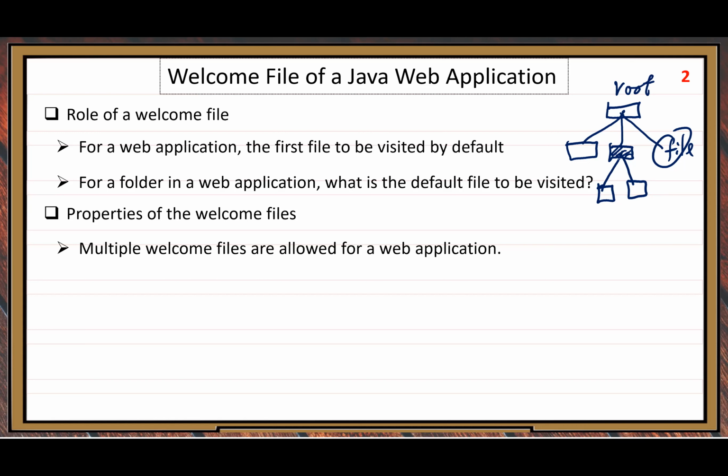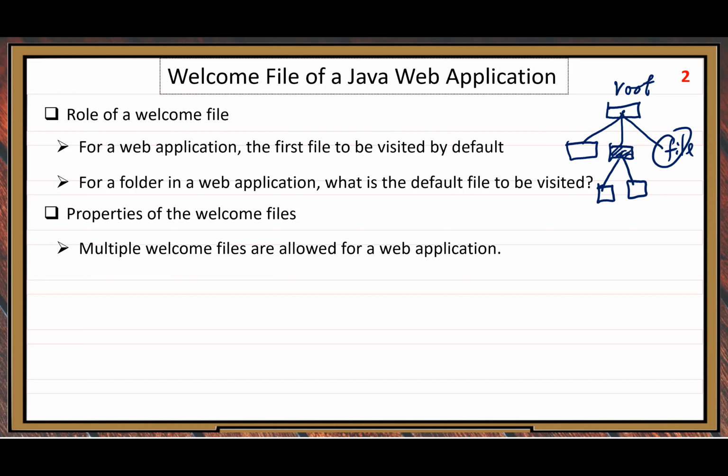First one, multiple welcome files are allowed for a web application. We have many subfolders, right? It's not necessary to put a welcome file in each subfolder. Some of the folders we do not plan to expose to outside users, so we hide them.